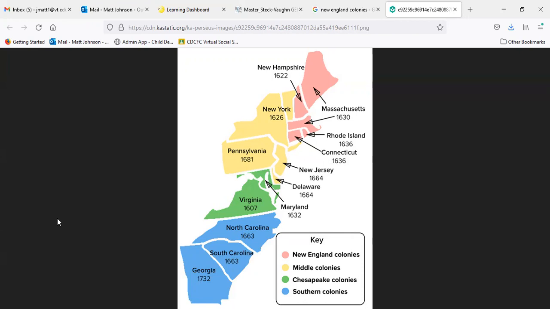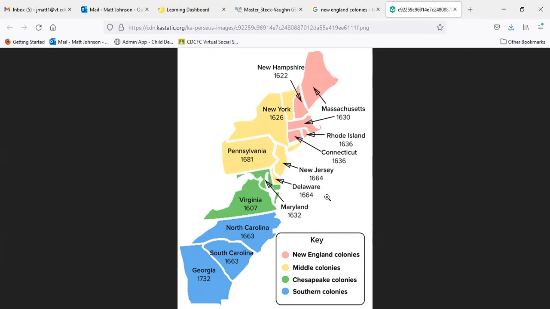They have it broken into a fourth, Chesapeake colonies. I would probably, for our purposes, put Virginia in the south, and Maryland would be put into the middle colonies.